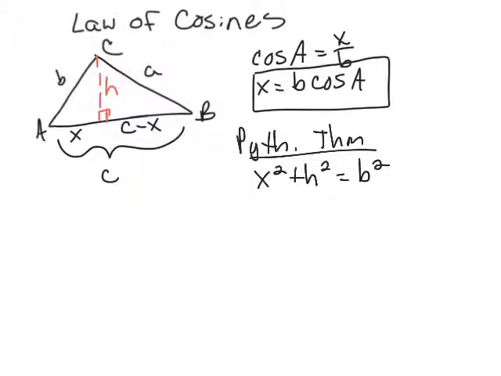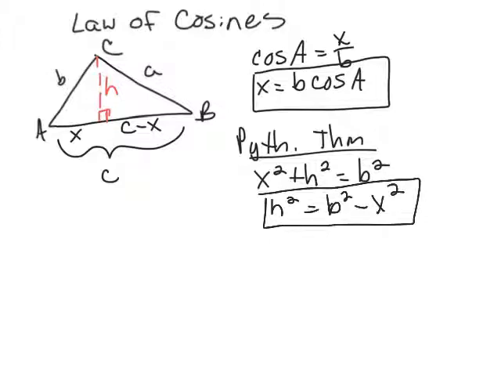In this case, I want to solve for h squared, because I want to eventually get rid of h as well. So I can solve for h squared by subtracting away x squared. H squared is equal to b squared minus x squared. I'm going to box this in so I can find it again.